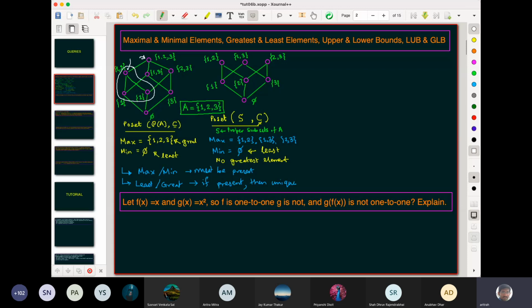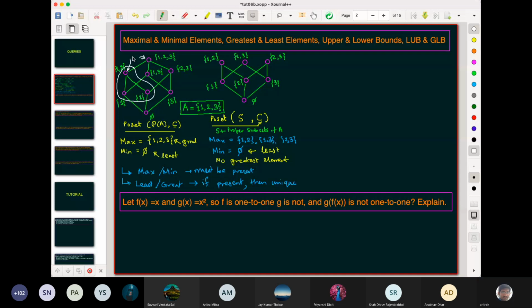This element is also an upper bound, right? Because every element is related to them. Within this set, no one is covering this one, so this is an upper bound. Even outside this set, this element is also an upper bound of all the elements present in the set.